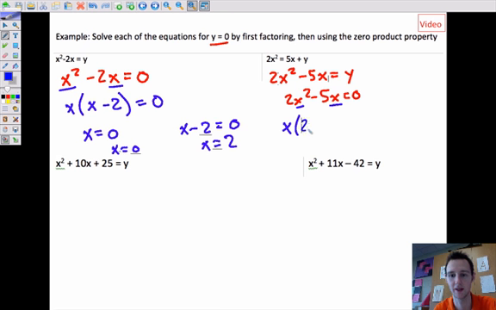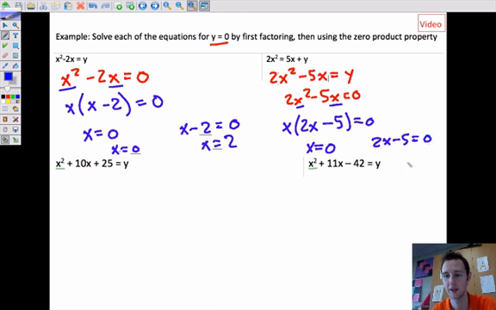That leaves me with x times 2x minus 5, still equal to 0. So using the zero product property, x equals 0 or 2x minus 5 equals 0. For this part, we just get x equals 0. For here, we'll get x equals 5 over 2. Okay.